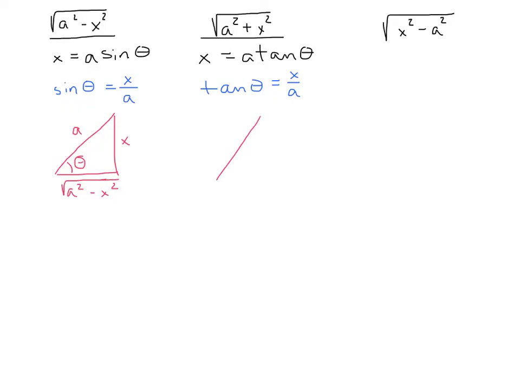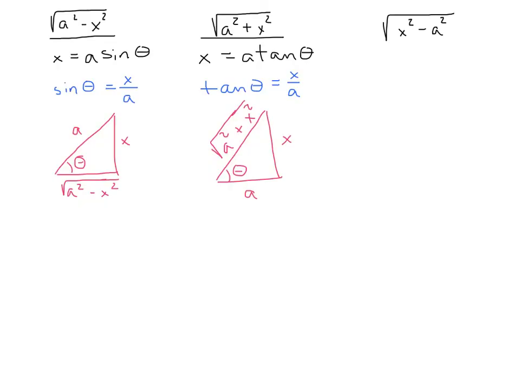And if I draw the triangle, tangent is opposite over adjacent. And Pythagorean Theorem says that the hypotenuse is then the square root of a squared plus x squared. Just again, notice the square root matches up.